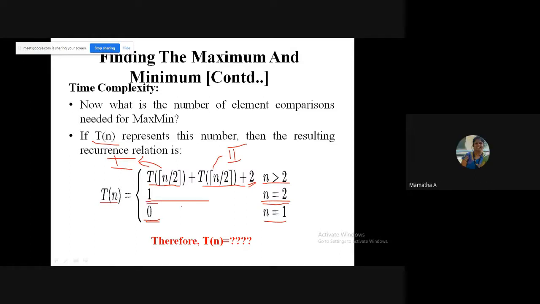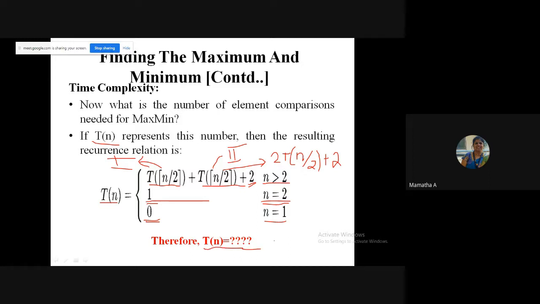This is your recurrence relation. So I can write this recurrence relation as 2 times T of n by 2 plus 2. Okay.